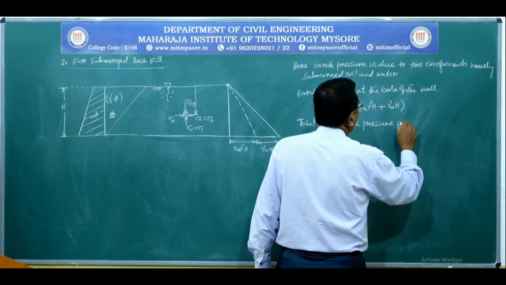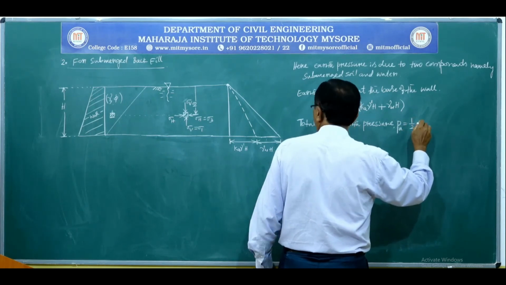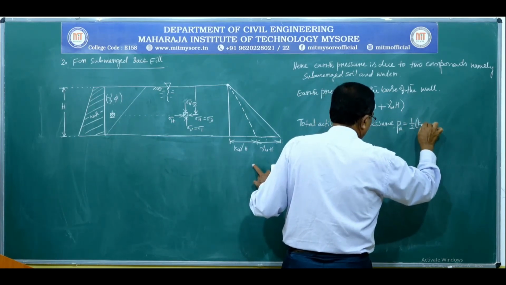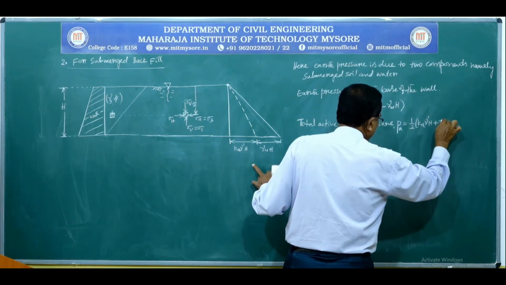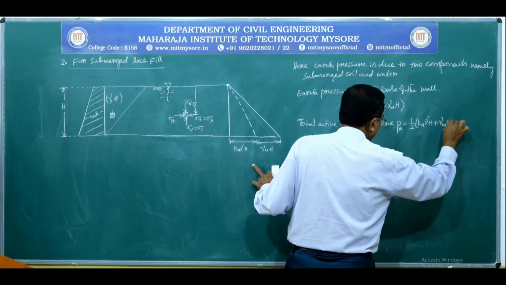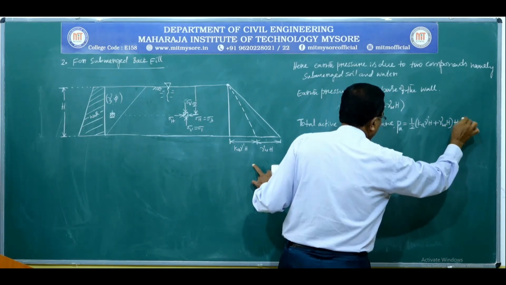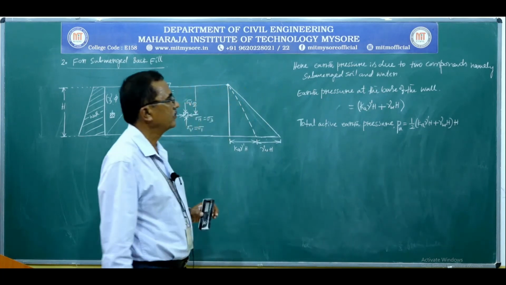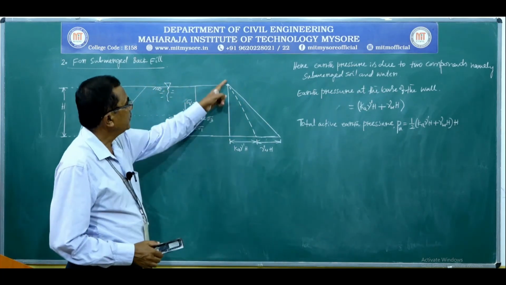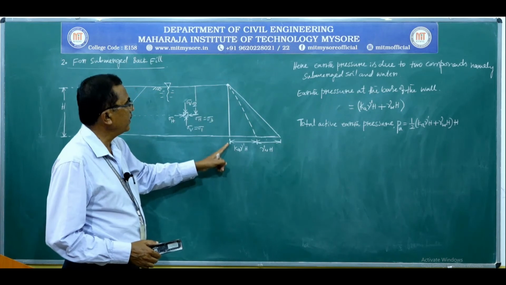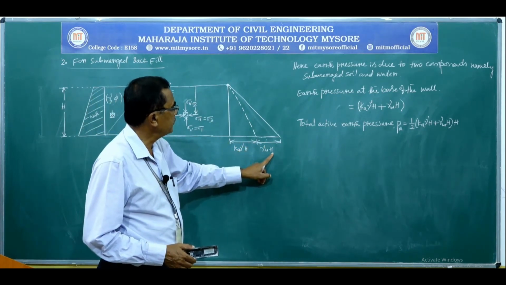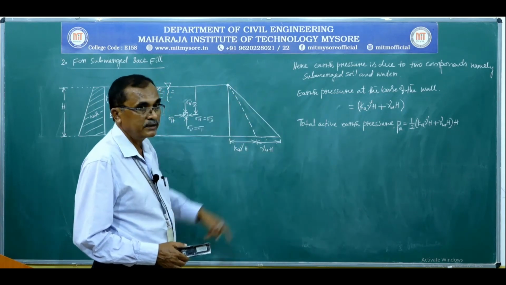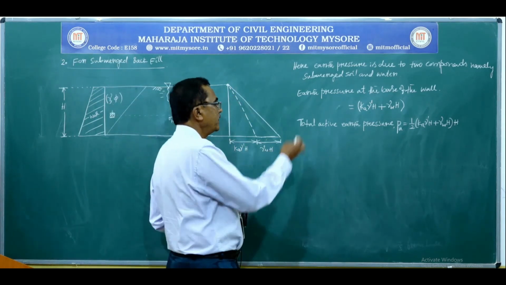PA is equal to half into base, Ka gamma dash H plus gamma W into H, multiplied by H. So area of the triangle is half into base into height. That gives the total active pressure.